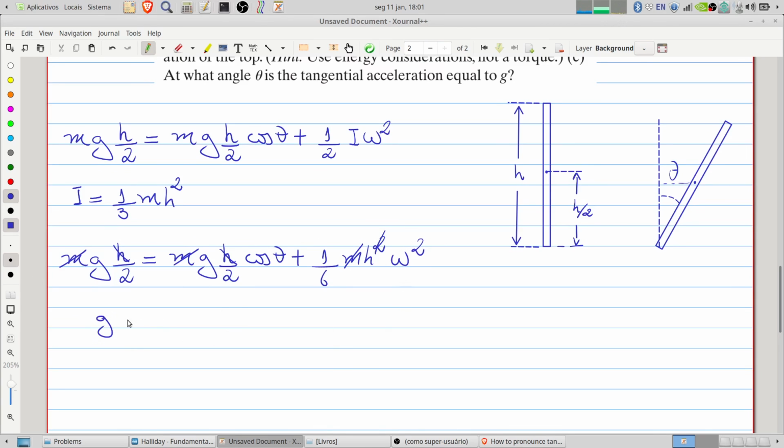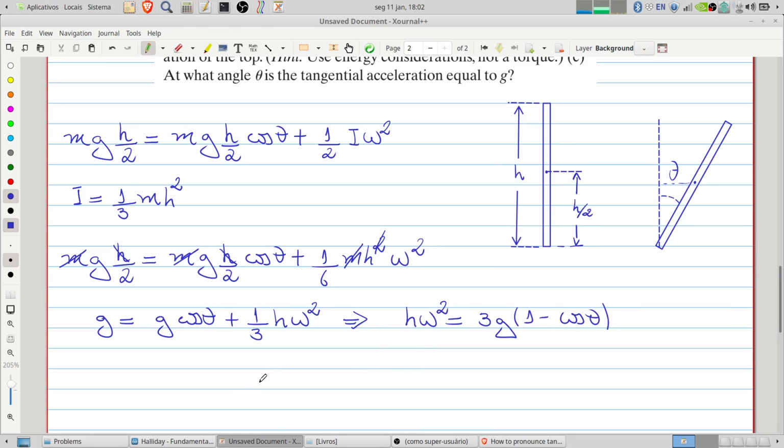So we have h g equals h g cosine of theta plus 1/3 h squared omega squared, and this implies that h omega squared equals 3g times 1 minus cosine of theta.